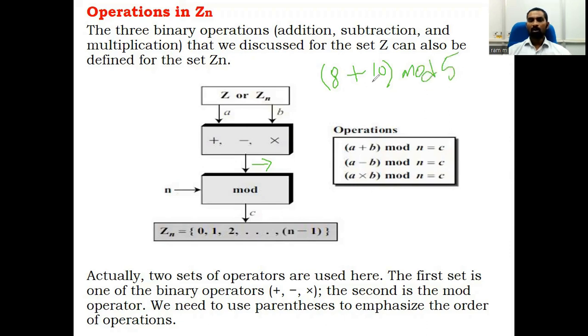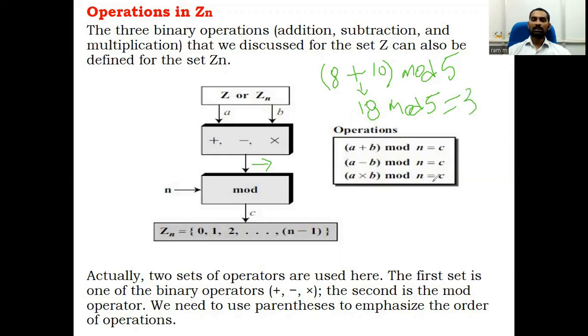Now, how are we going to do this? First, we apply the binary operation on 8 and 10. The binary operation is plus, so it will be 18, so 18 mod 5. When we divide 18 by 5, the residue is 3.